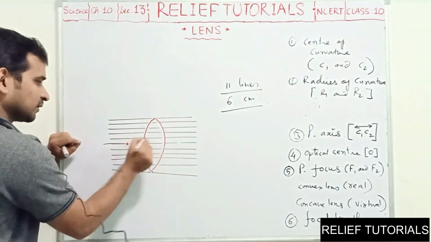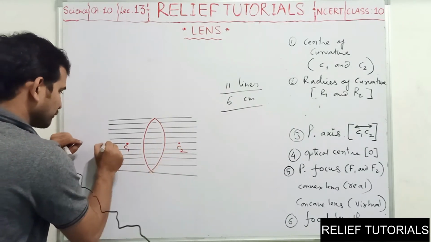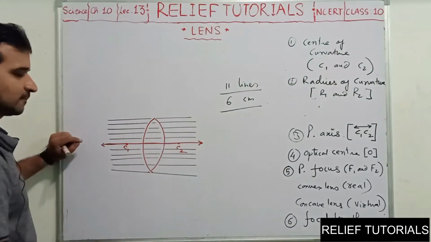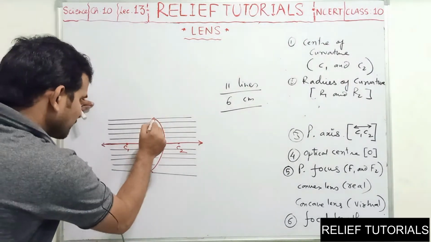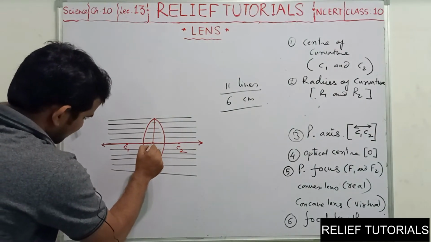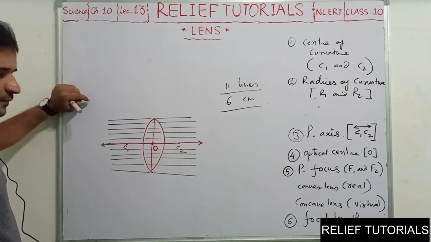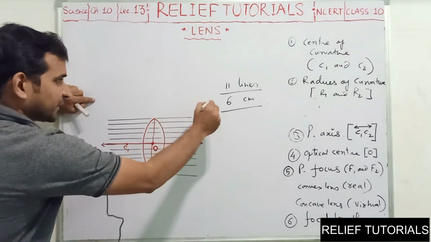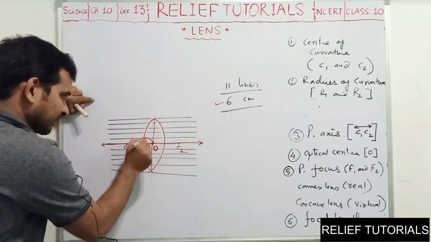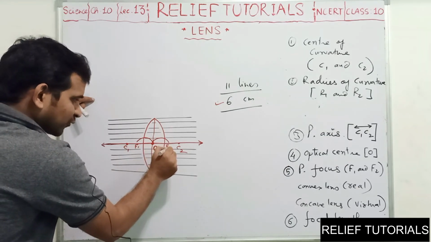This point and this point are C1 and C2 for you, and this is the principal axis. And now draw the light central line like this. So this point will act as the optical center for you. Now 3 centimeter, because the radius we have taken is 6 centimeter, 3 centimeter on both sides will give you F1 and F2.